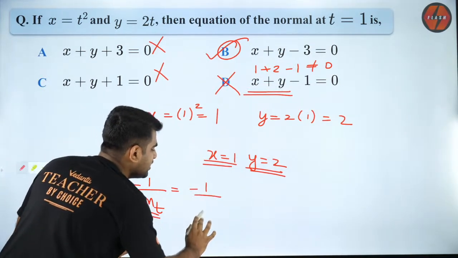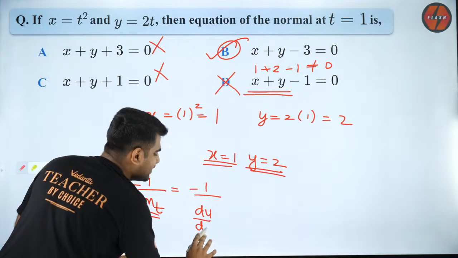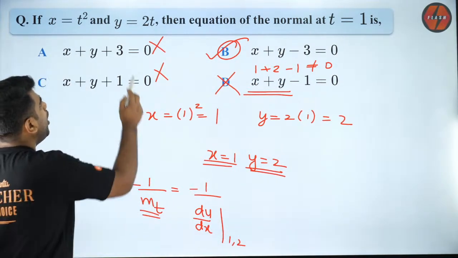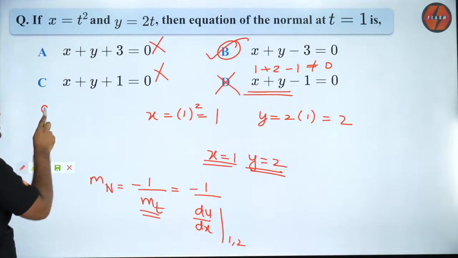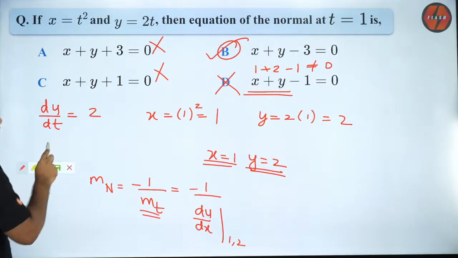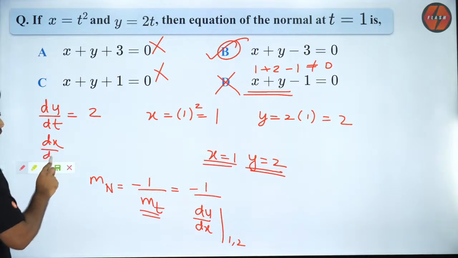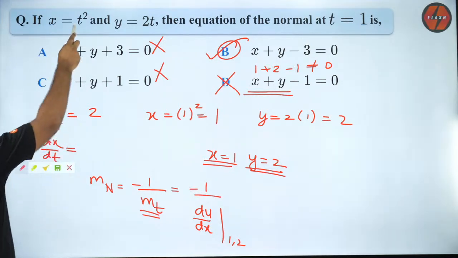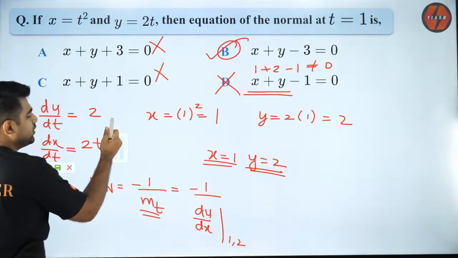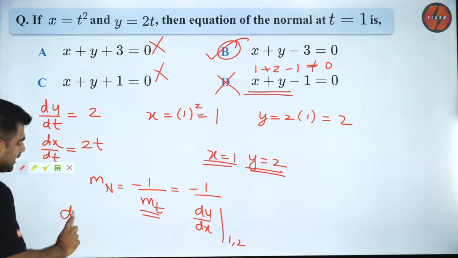Slope of tangent is dy by dx at the point. What is the point? (1, 2). So what is dy by dx? First I have to find dy by dt, which will be 2, and I will find dx by dt. That is how you differentiate in parametric form. It is 2t, isn't it?